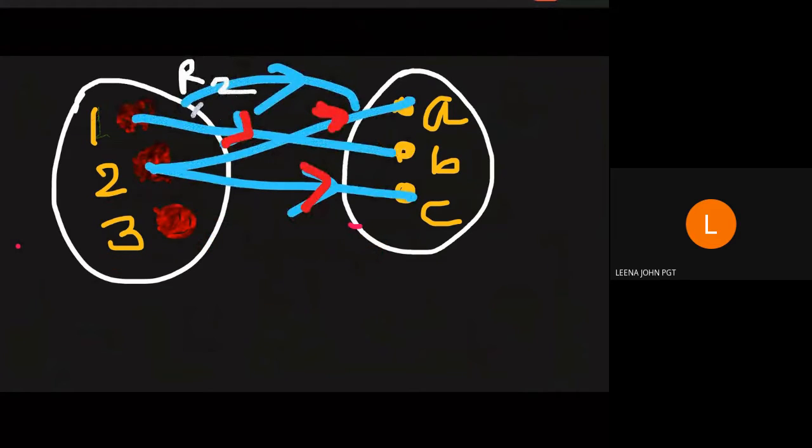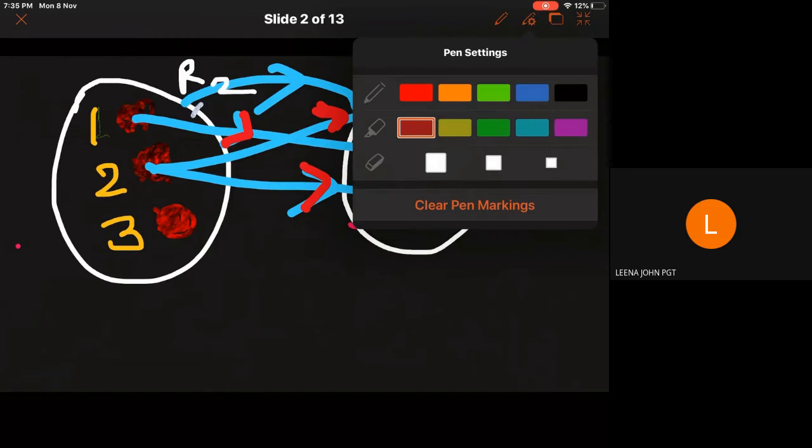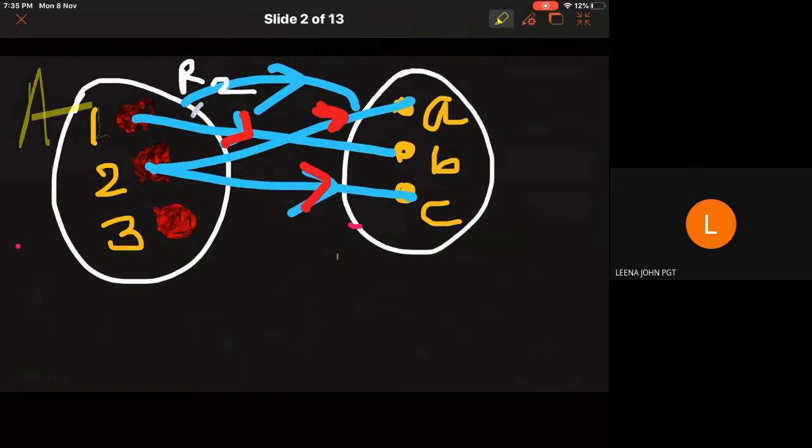Come to this question here also. Does every element of A have an image or not? You can just check it. This is your A, this is your B. The elements of A are the set {1, 2, 3}.